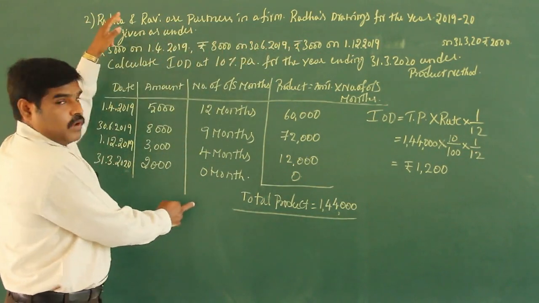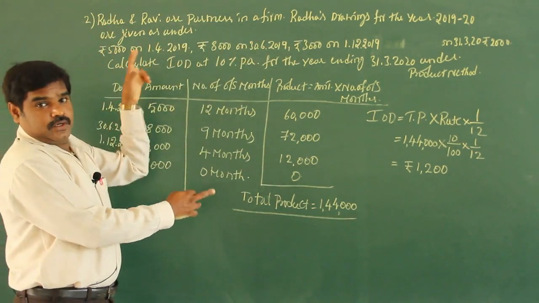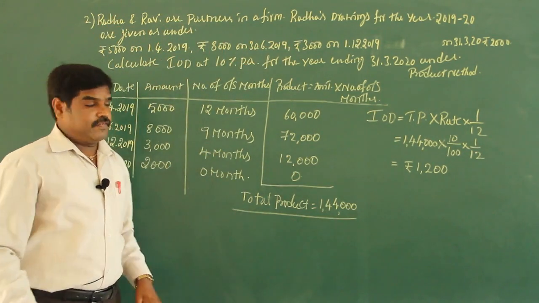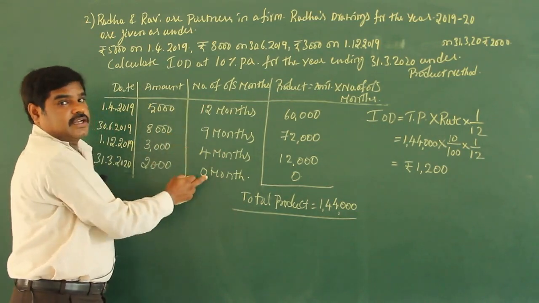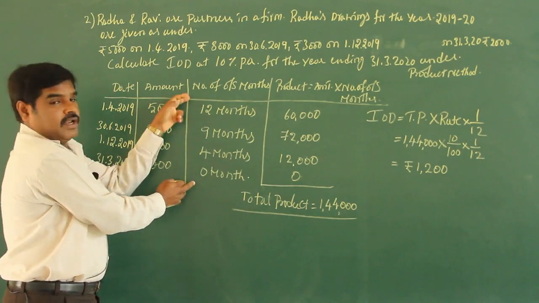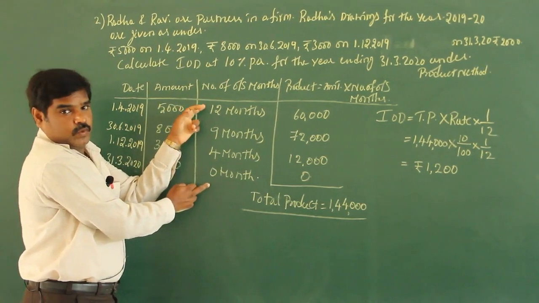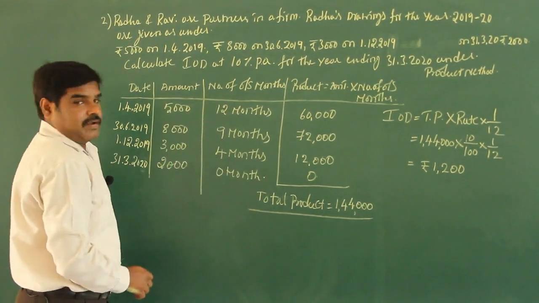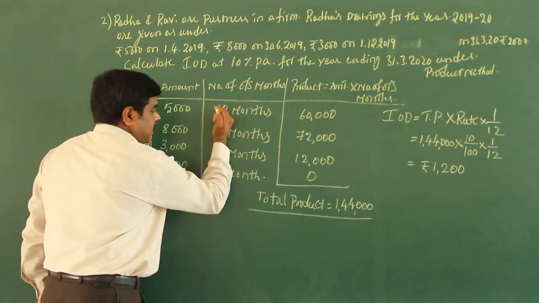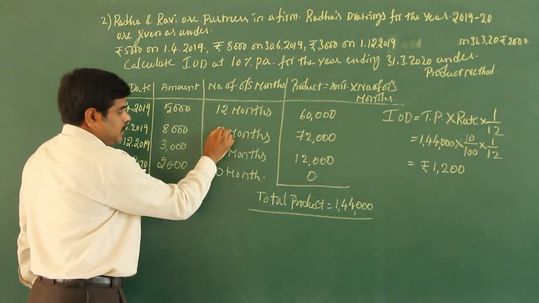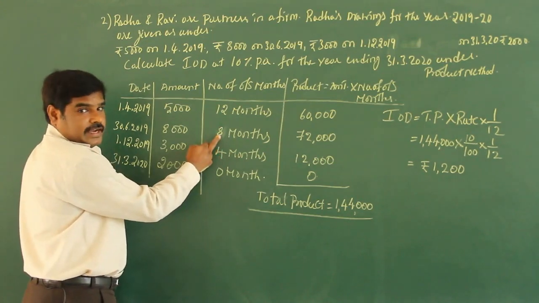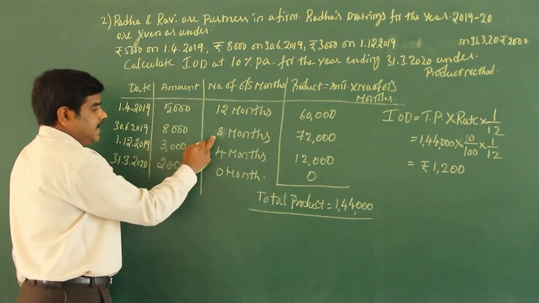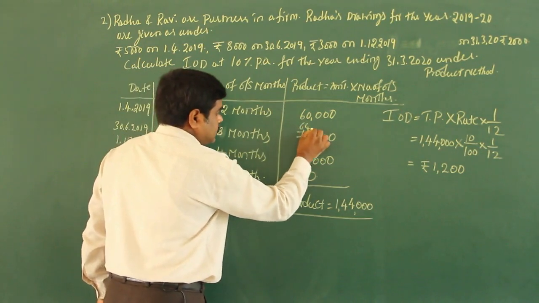So the problem will go like this. As I already told you, this is important for 6 marks. Be careful, especially in calculating the number of outstanding months. If 1 month varies, for example, instead of 9 months, by mistake you calculate 8 months, then 8 8s are 64,000.